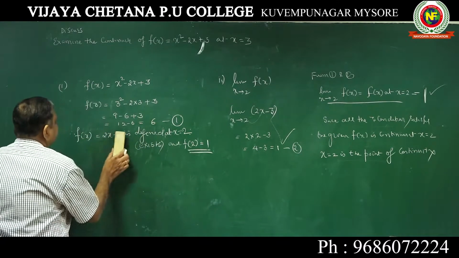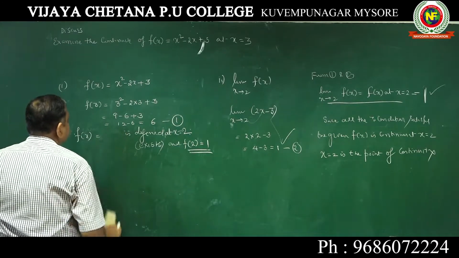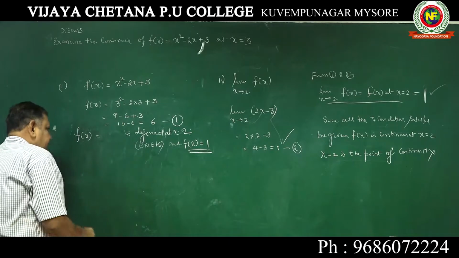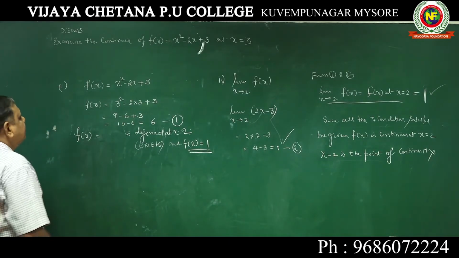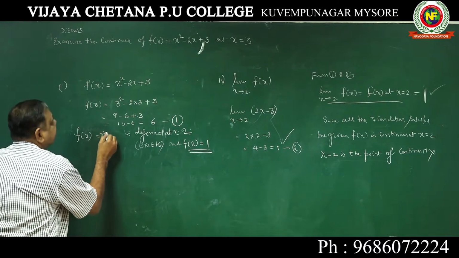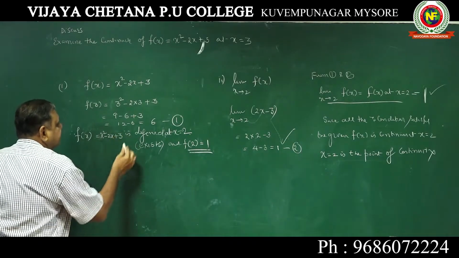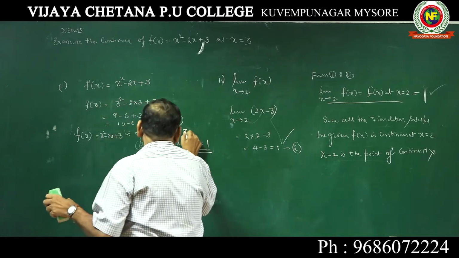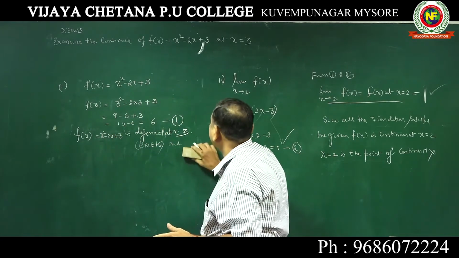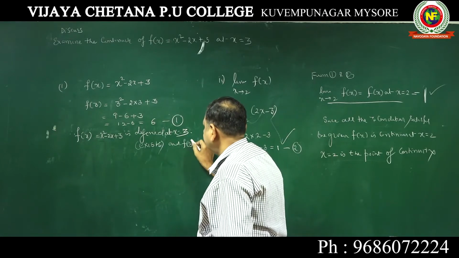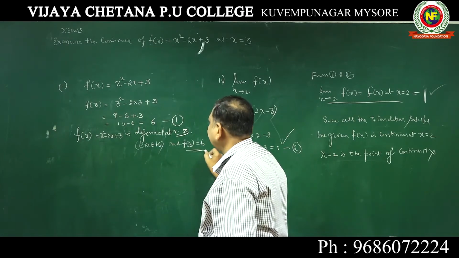Please take down, don't write in your book carelessly. Redo it. f of x is equal to x square minus 2x plus 3 is defined at x equal to 3, and f of 3 is how much? 6. f of 3 is equal to 6.